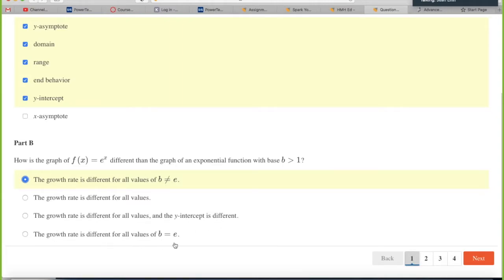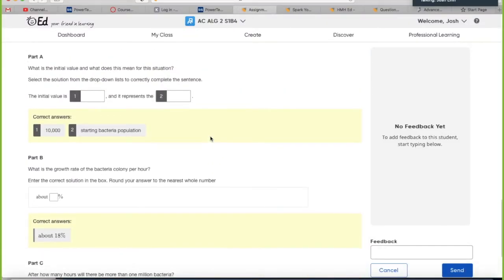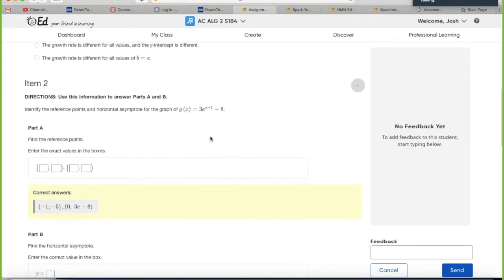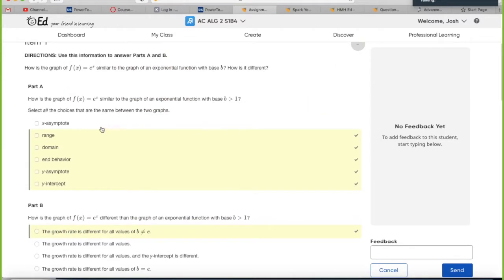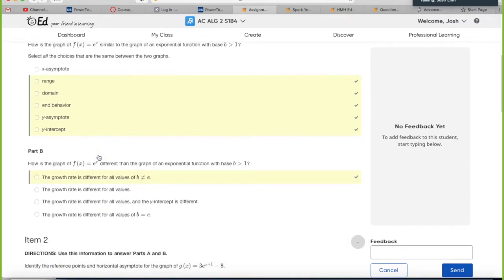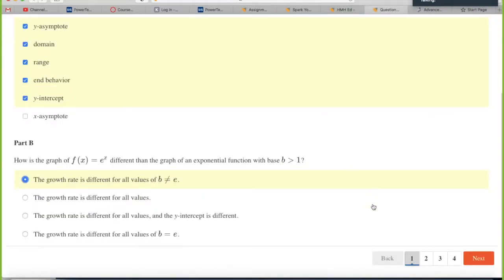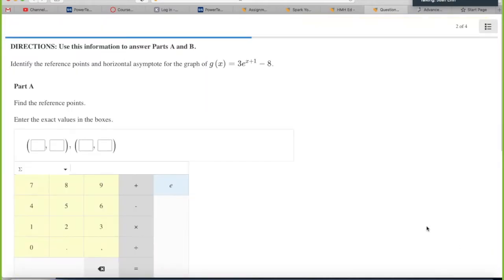I would say it makes the growth rates the same, so I wouldn't agree with that one either. Okay, so there's your first one. We can check our answers. There you go. The only one that we didn't say was the same was x-asymptote. And the growth rate is different for all values of b not equal to e. So we're at least on the right track.